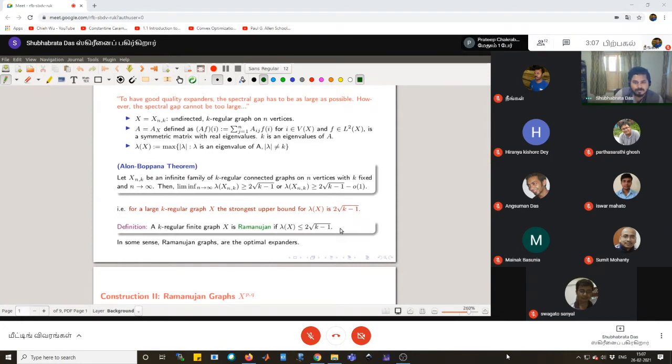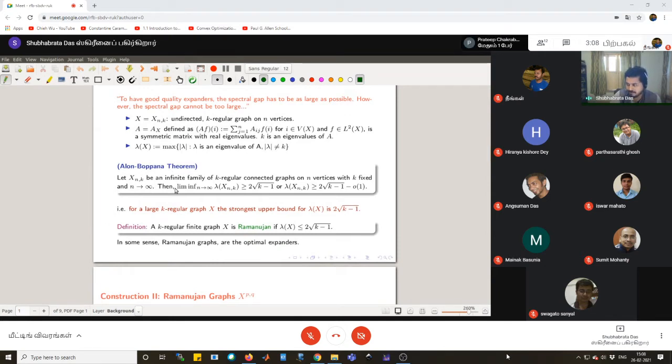Now, we are essentially considering families of such graphs. Now, we will call a finite graph X Ramanujan if this lambda for the finite graph X is actually bounded above by this number. So the maximum we can get is 2 times the square root of k minus 1. So let's call this the spectral gap.